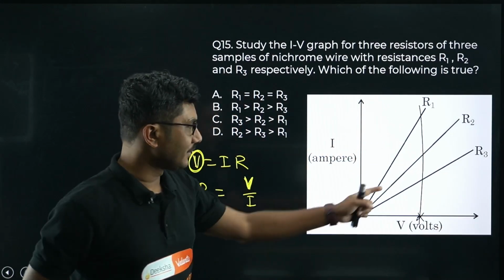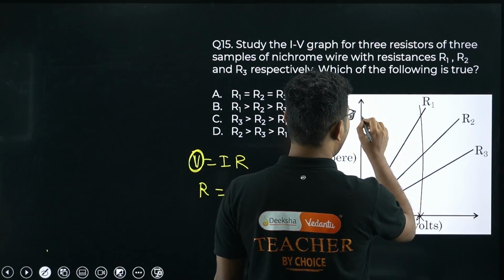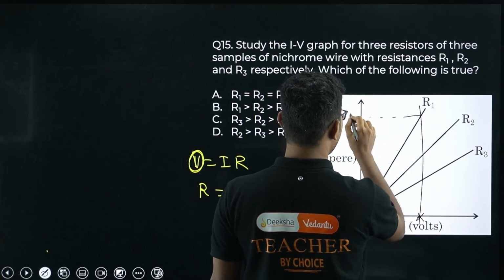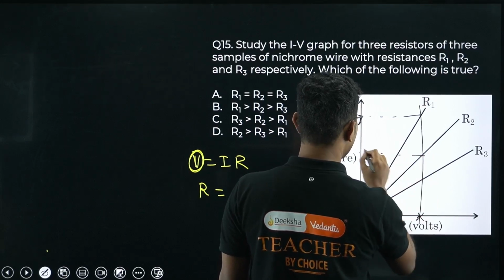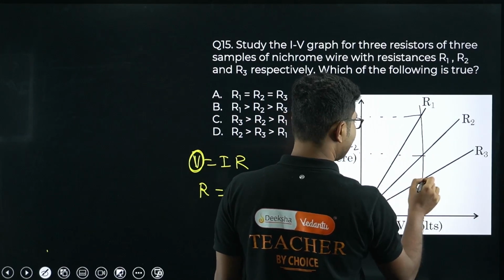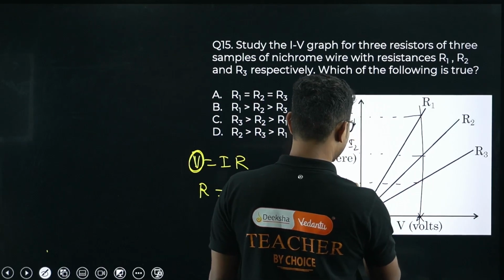Now for this fixed V, which current is maximum? For R1 the current is say I1, for R2 the current is say I2, and for R3 the current is say I3.